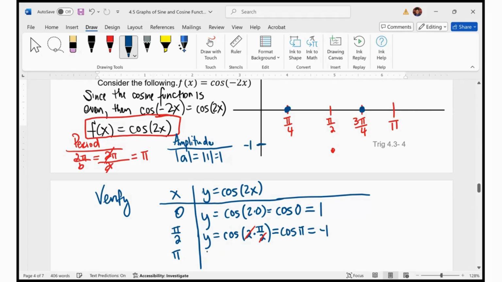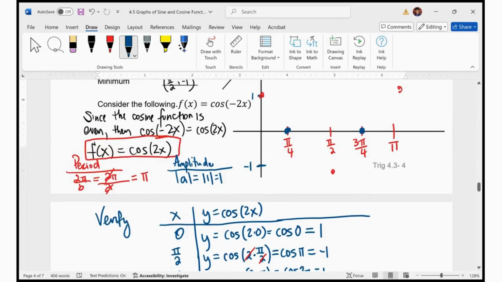Y equals cosine of 2 pi. It's cosine of 2 pi. What is cosine of 2 pi? One. All right. So where do we write?